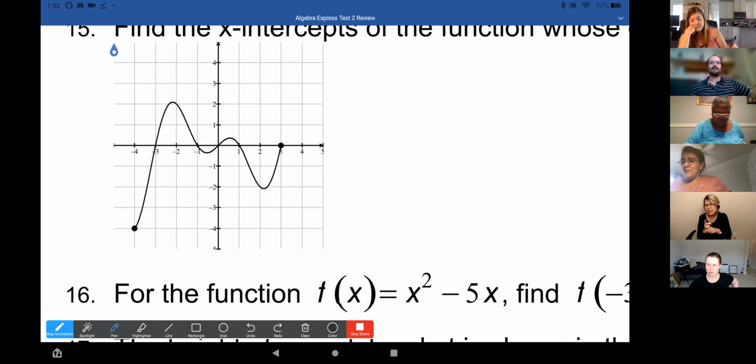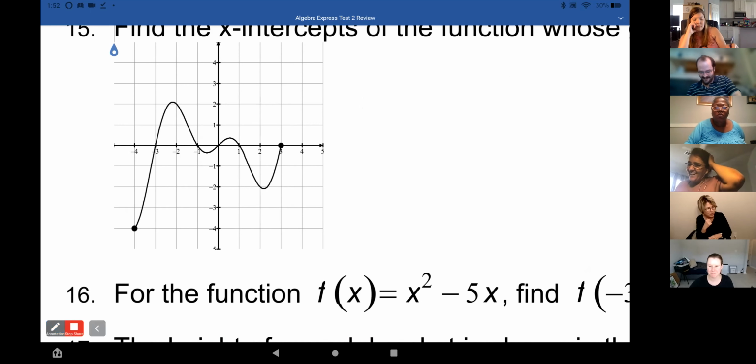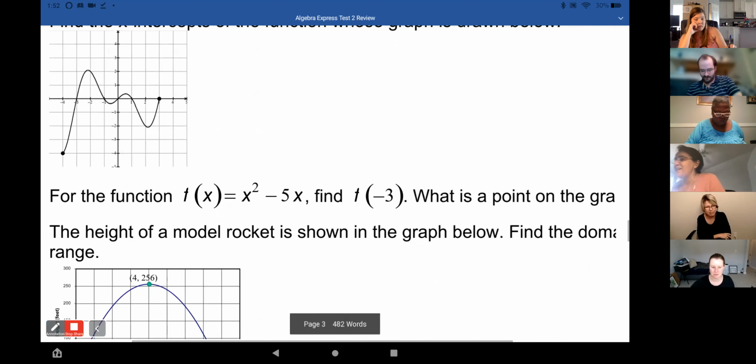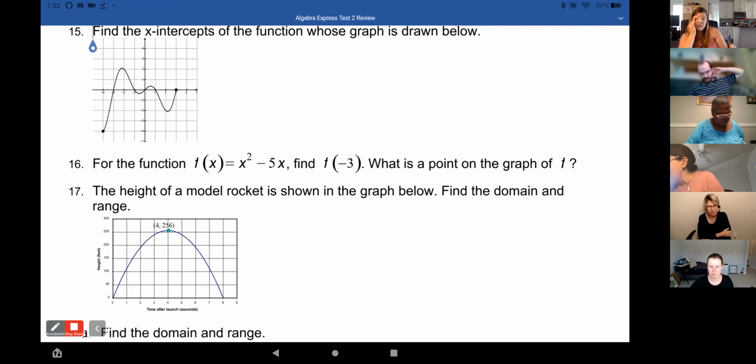I'm not sure if it's just parentheses with two numbers. Yeah, it's parentheses, because it's not equal to one point, it's an interval. Oh, okay, thank you.